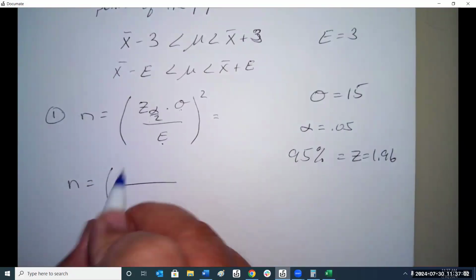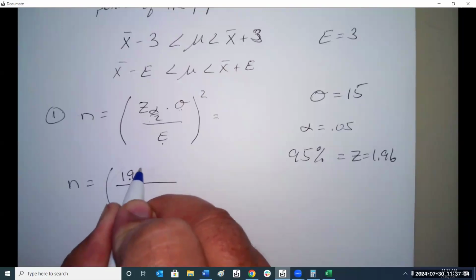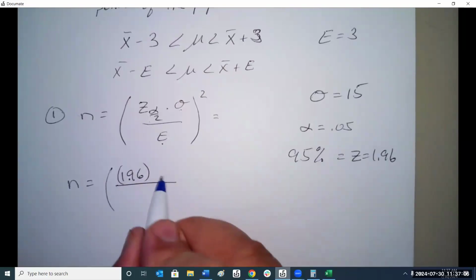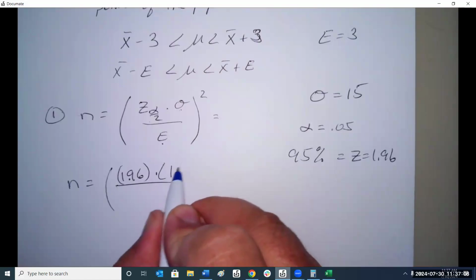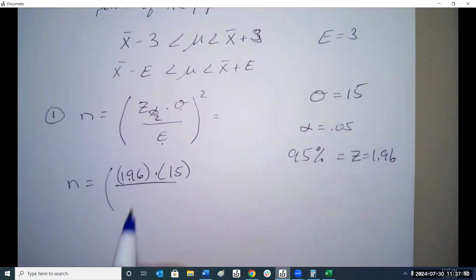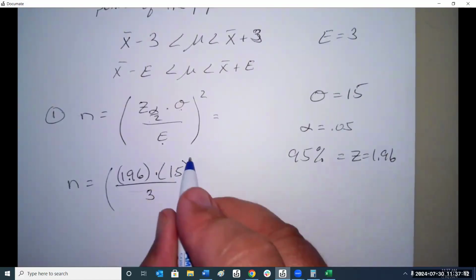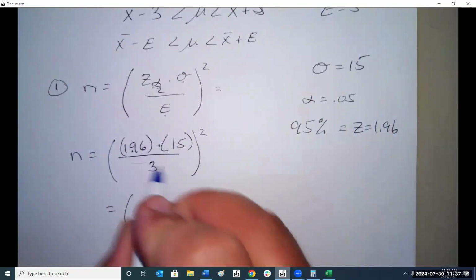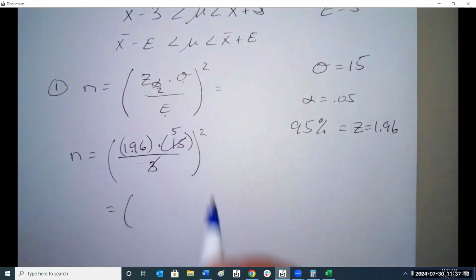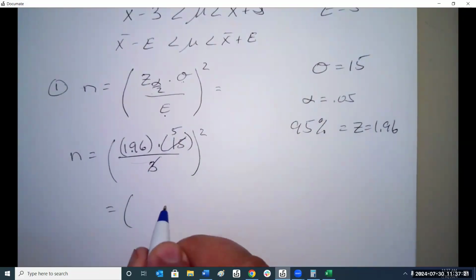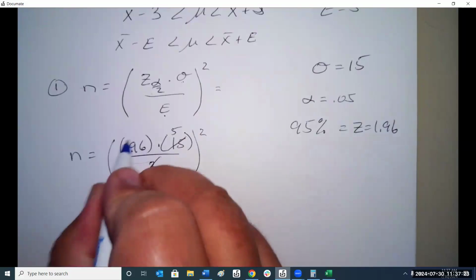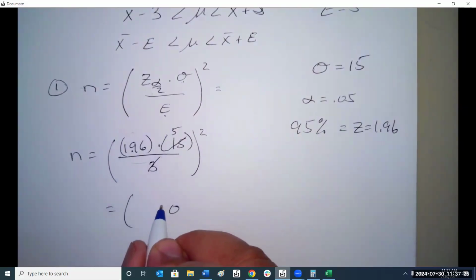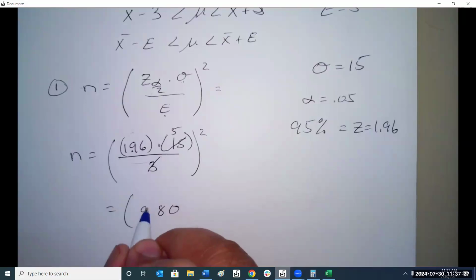So our Z value is 1.96 times 15, and our E is 3. 3 goes into 15 5 times. 5 times 1.96 is 9.8.